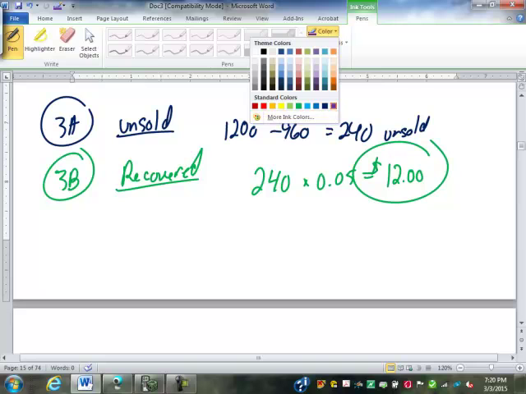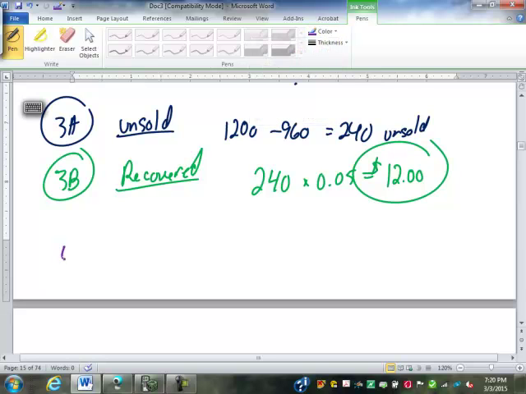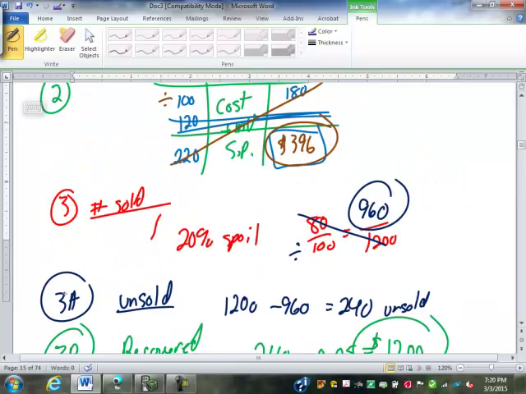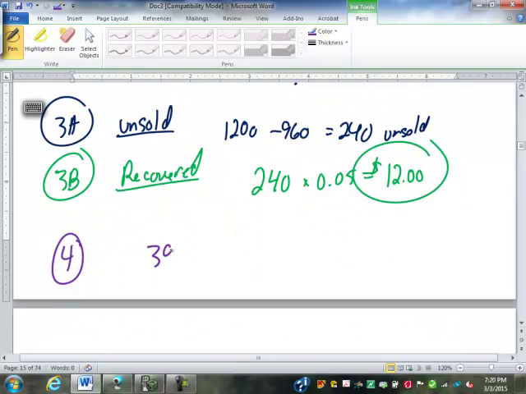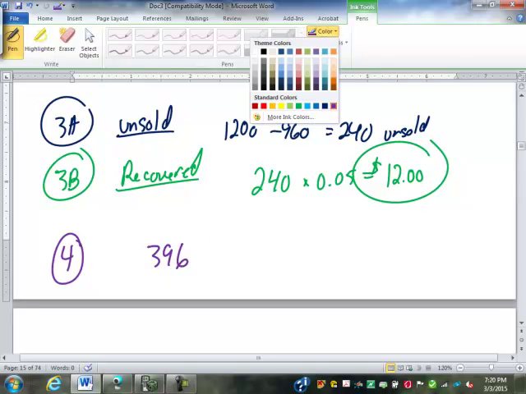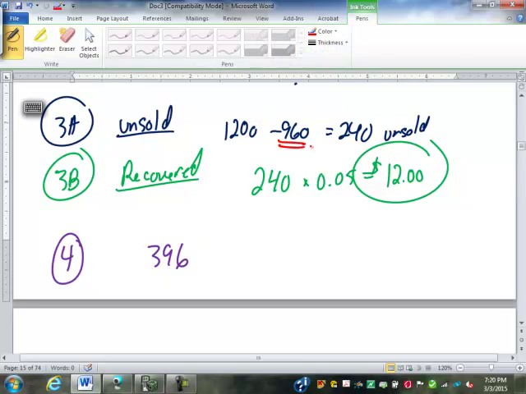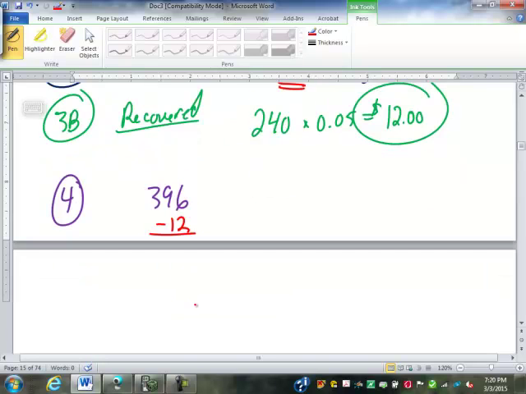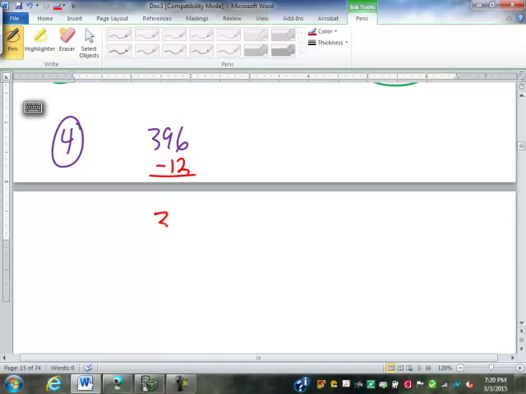So we recovered $12. Now in step 4, we need $396. But we don't have to get all $396 from the 960 cookies that sold, because we already get $12 from the spoiled cookies, which means from the ones we sell, we only need to get $384. Everybody understand where the $384 comes from? Any questions there?